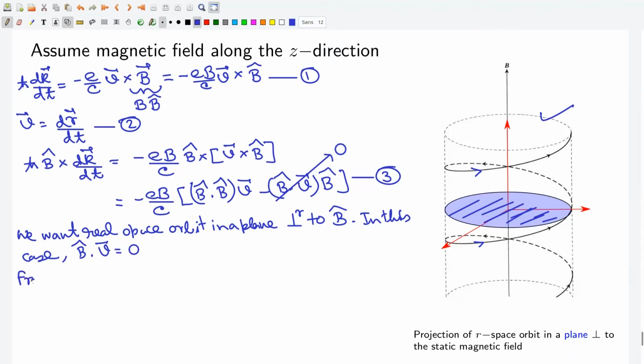Then from equation 3, we get ħ B hat cross dk/dt equals minus eB/c v, and in place of v, I just write dr/dt.